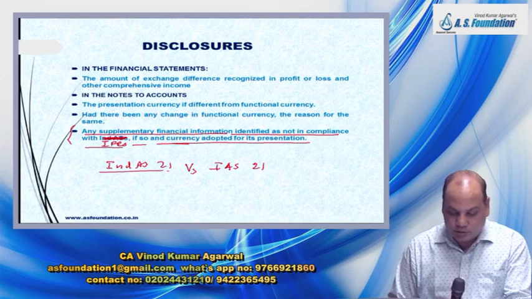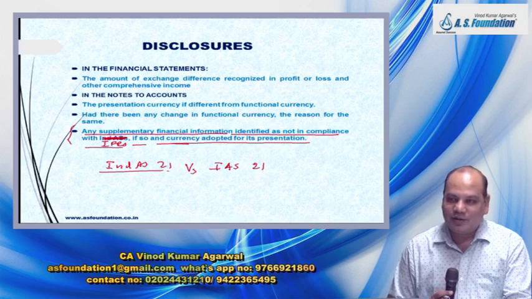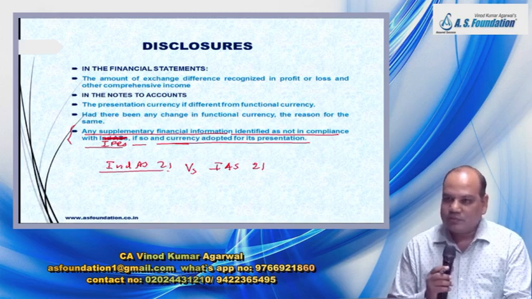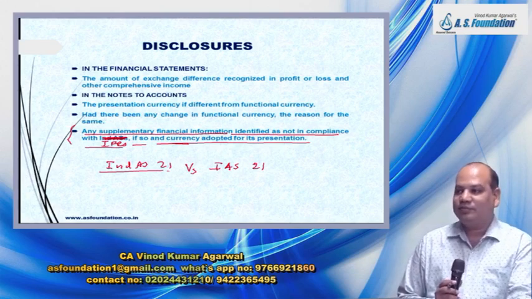IAS 21 requires an additional disclosure of the date of change in functional currency. Is it right? That is a difference. So most of the standard is the same. This standard is over.